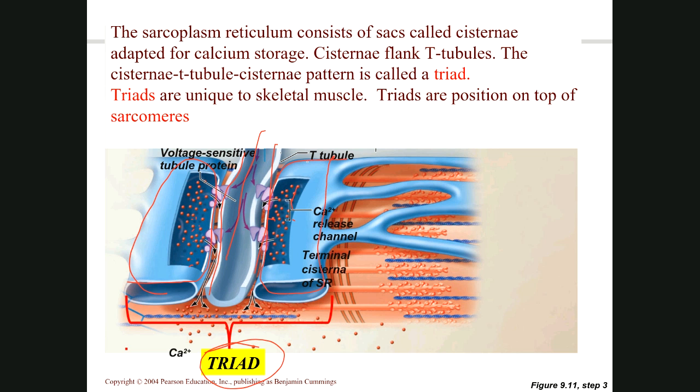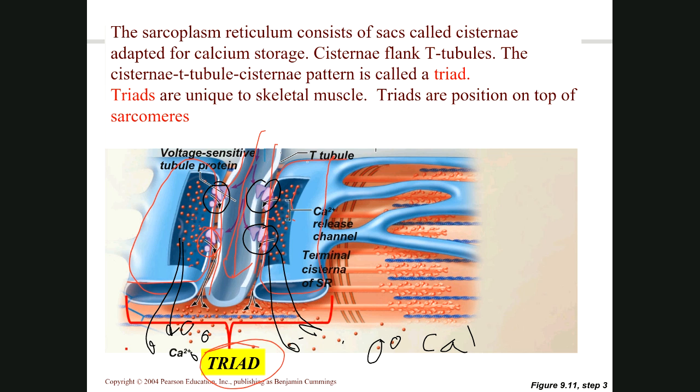It will travel inside the muscle cell via the T-tubule, and that signal will open calcium channels on the cisternae, which are connected to the T-tubules. Calcium will leave its storage place and begin to fill the cytoplasm, or sarcoplasm, of the cell and initiate muscle contraction.